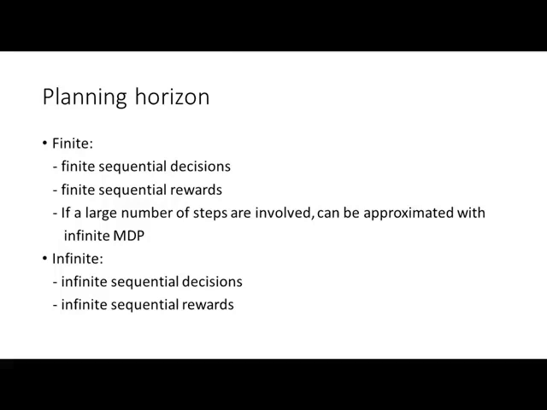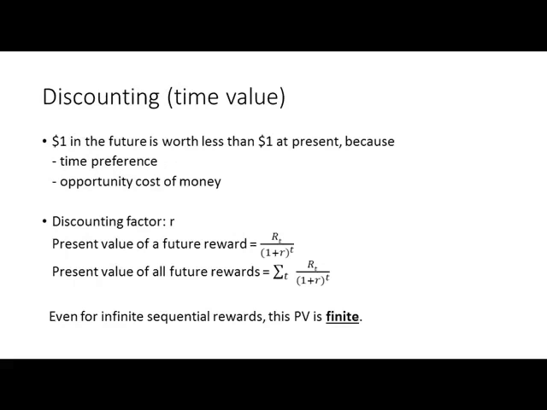Then your total will be infinite, right? Is that right? Not really, because time has value. And in economics, we always talk about time value of money, which simply is that $1 in the future is worth less than $1 now. And we can just put anything here, actually.